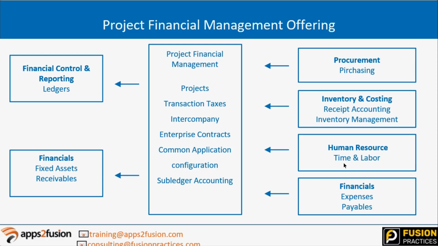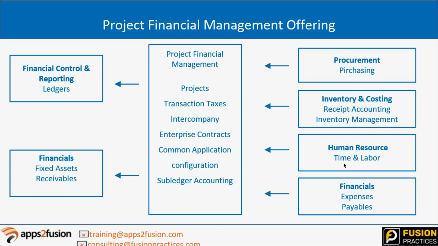Then on the receiving side, with financial management as the source, we have fixed assets and receivables. These are the two main areas, apart from GL. GL is where we get all the transactions that are performed in project financial management. We get the accounting transferred from projects to GL, but apart from that, it is the fixed assets and receivables modules that receive information.